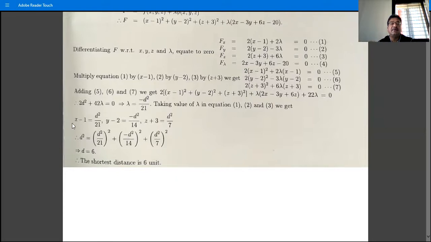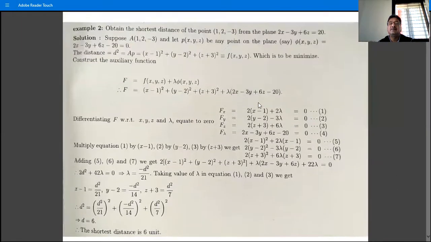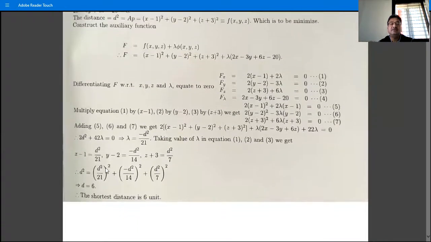That is, (x minus 1) square plus (y minus 2) square plus (z plus 3) square is equal to d square by 21 bracket square.